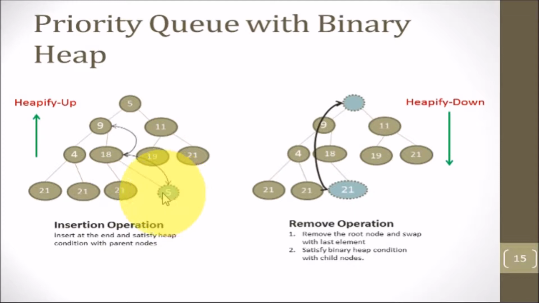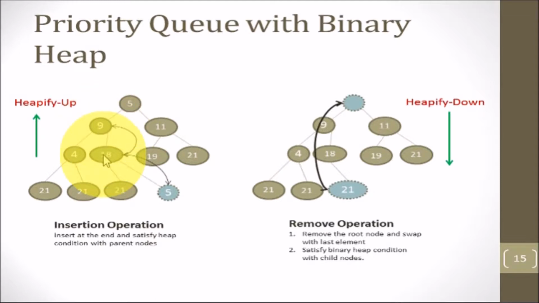So 5 gets inserted and it checks the heap condition, and it finds that 18 is greater than 5, so it will swap with 5. Now 5 comes up and 18 goes down here. Again, once 5 is here, it will check with the parent 9.